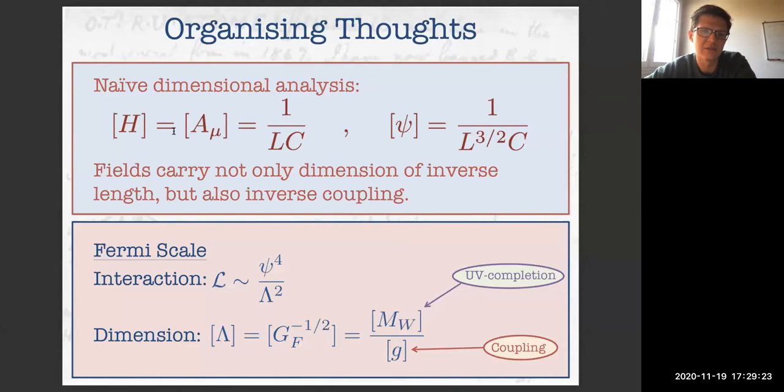You see that scalar fields have units of essentially 1 over length times coupling. Coupling becomes a dimensionful quantity. That's why the electromagnetic fine structure constant scales like h bar e squared, because only the quantity h bar e squared is dimensionless. So that's the scale of the dimensionless quantum corrections. But it's very useful in EFTs as well.